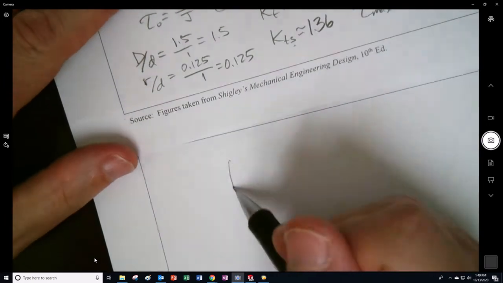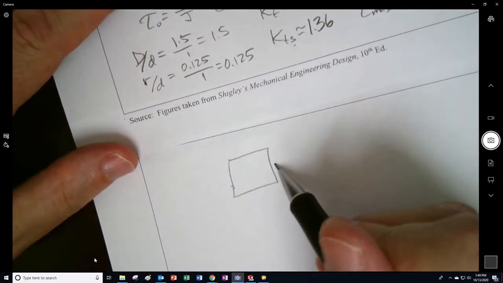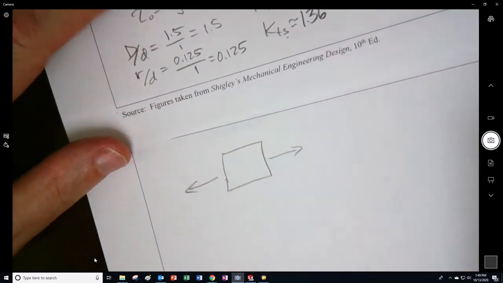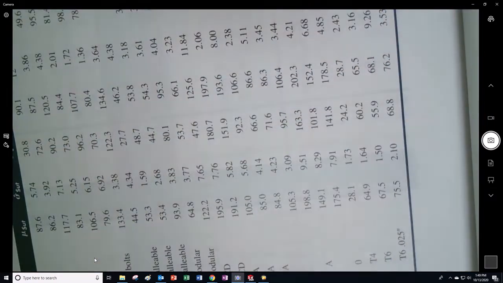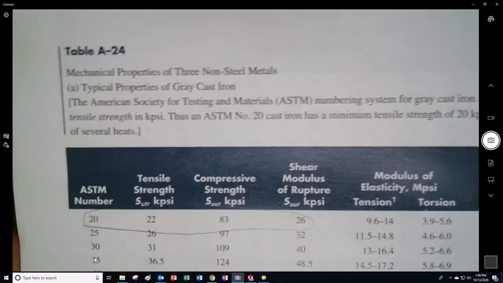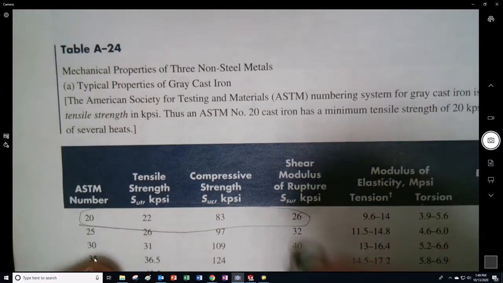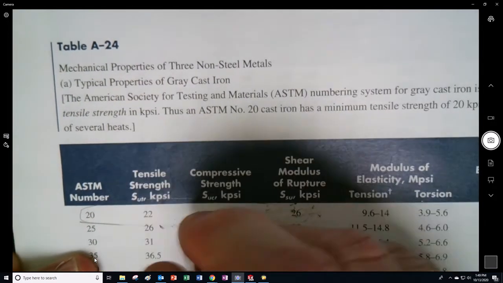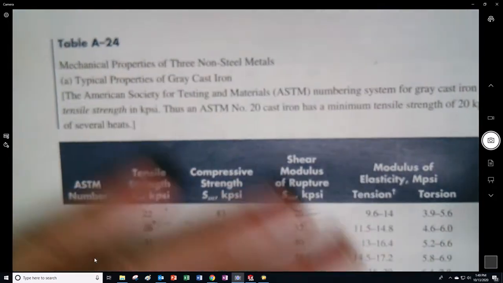But now, let's take a look at the strength numbers. I told you that it was ASTM gray cast iron. So if we go through our book, the only place where there's any cast iron is right here in table A24.